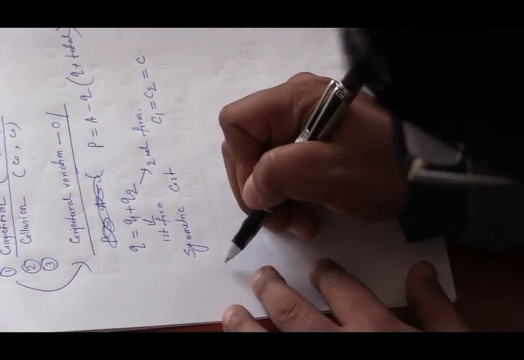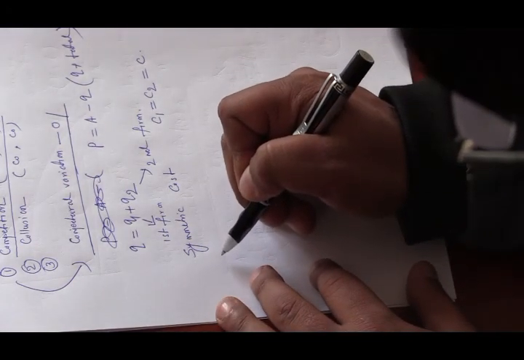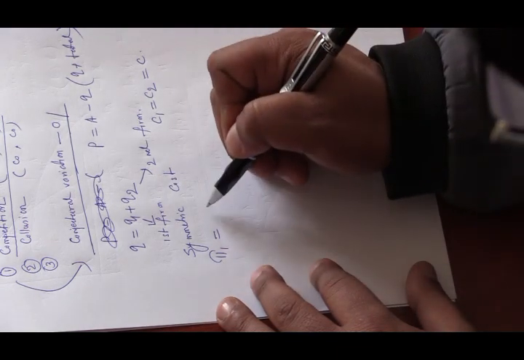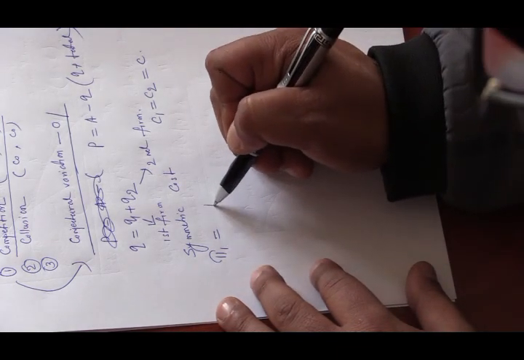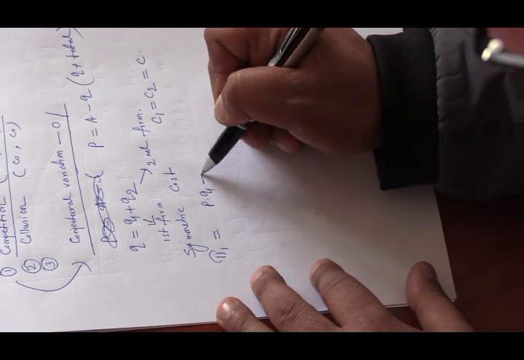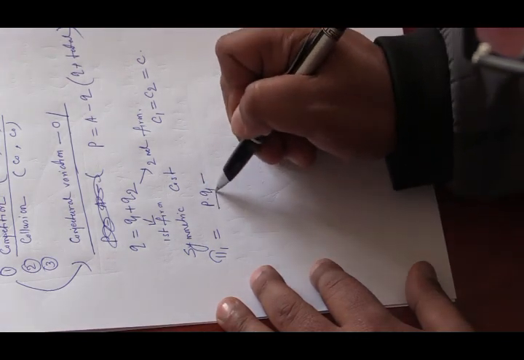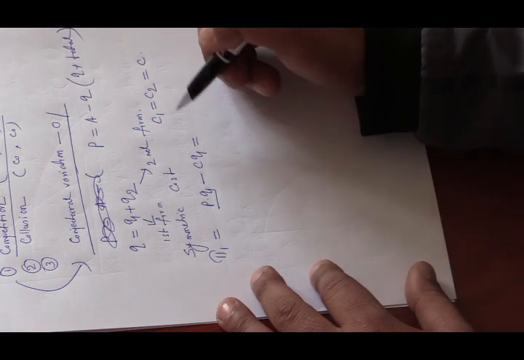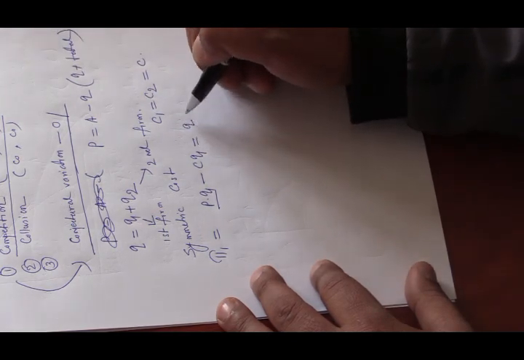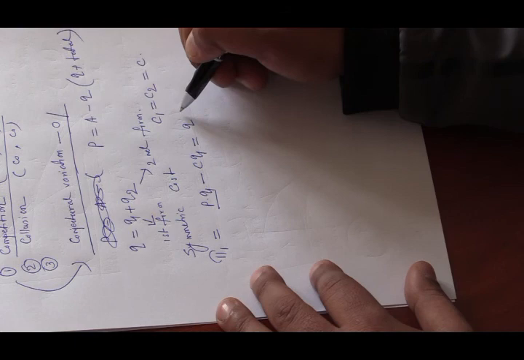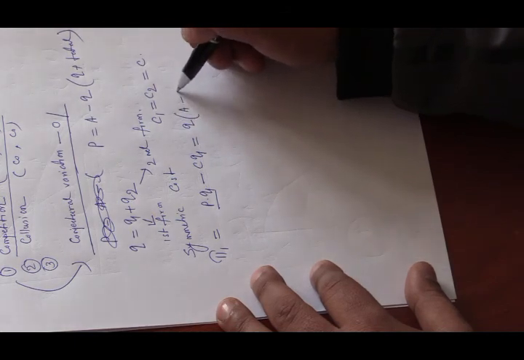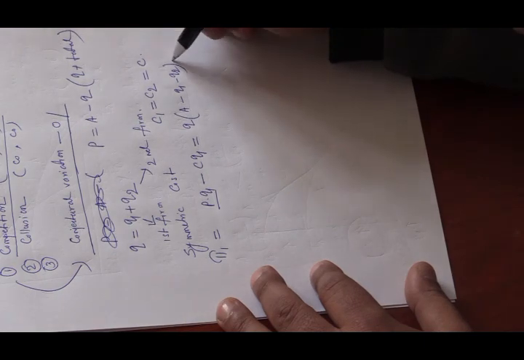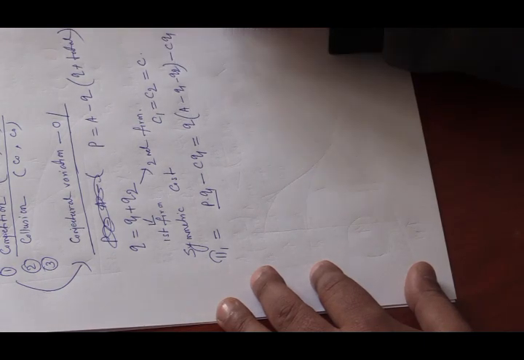So now let us consider the profit function. The profit function of firm 1 will be given as price into output, this is the revenue function, minus the cost function. So we can write pi 1 equals Q1 into A minus Q1 minus Q2, minus CQ1.